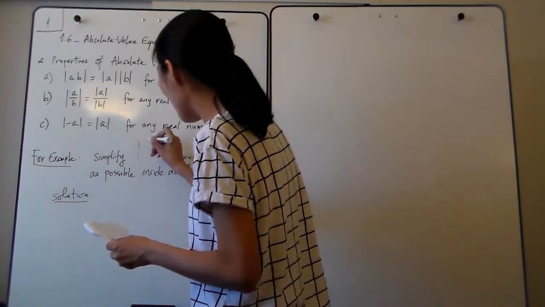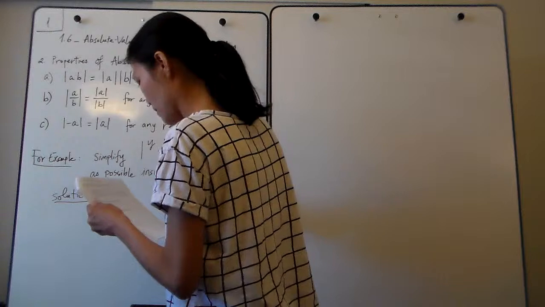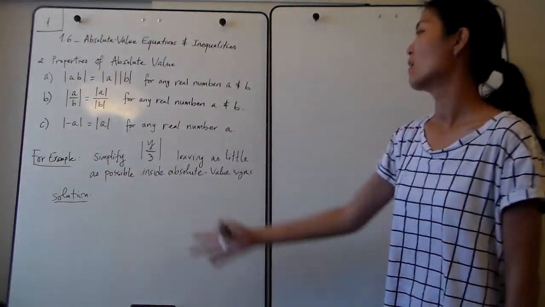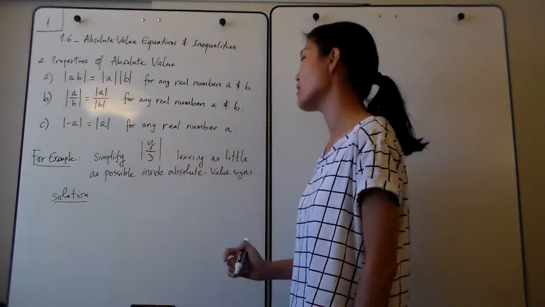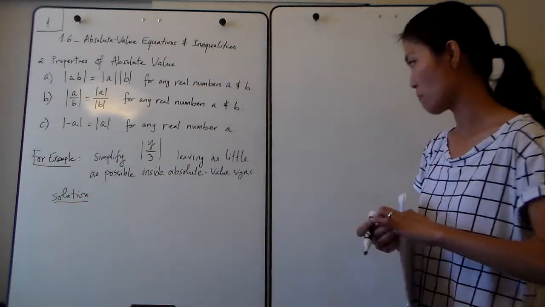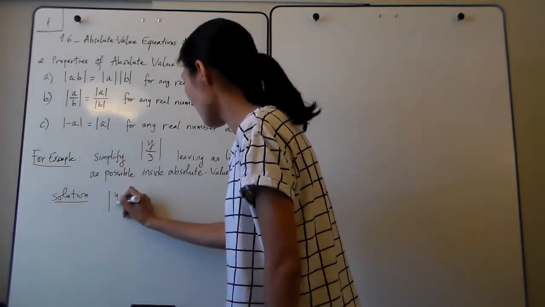So we simplify the absolute value of y divided by 3, okay? Simplify this absolute value, leaving as little as possible inside absolute value signs. So right here, let's start with this.